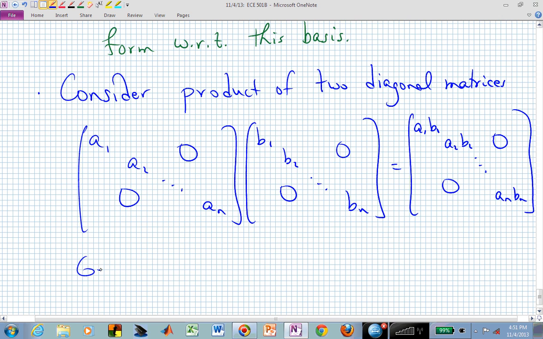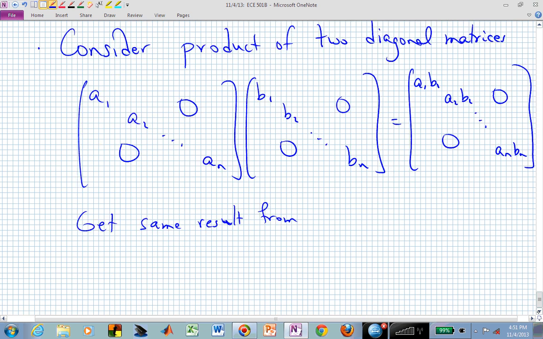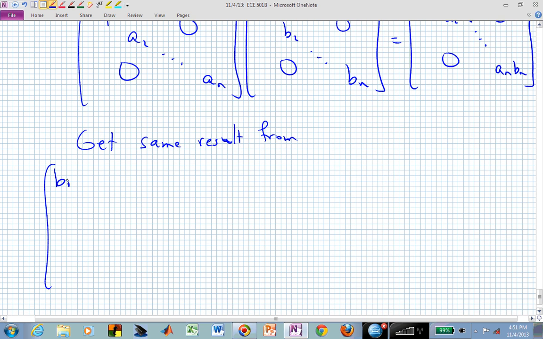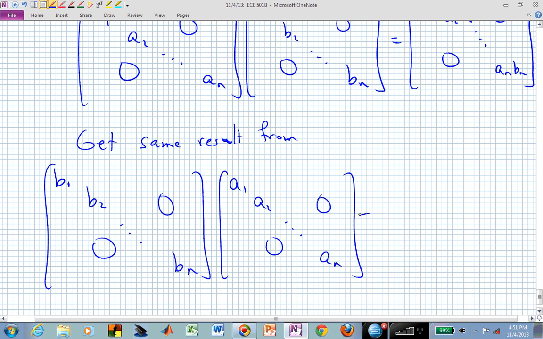And I hope that it's clear that we get the same result when we reverse those and have B times A. We get the same result from B1, B2, Bn times A1, A2, An, which is B1 A1, but those scalars commute.